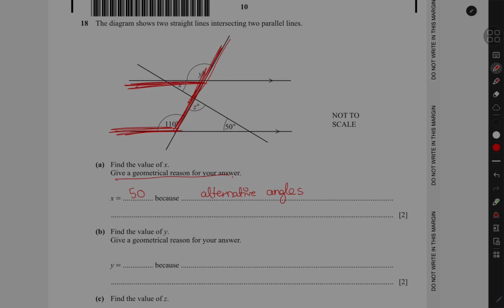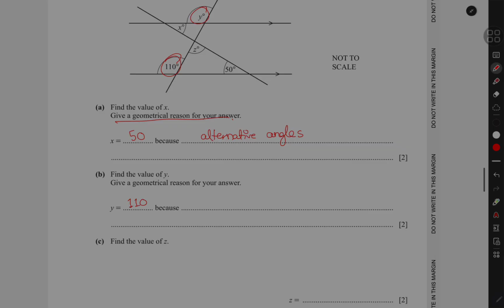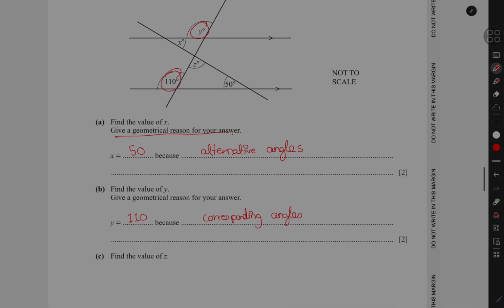Just turn your screen around and you'll see that this is an f. If you have an f, the angles are equal. So we have 110, which is equal to y. The technical term here is corresponding angles.